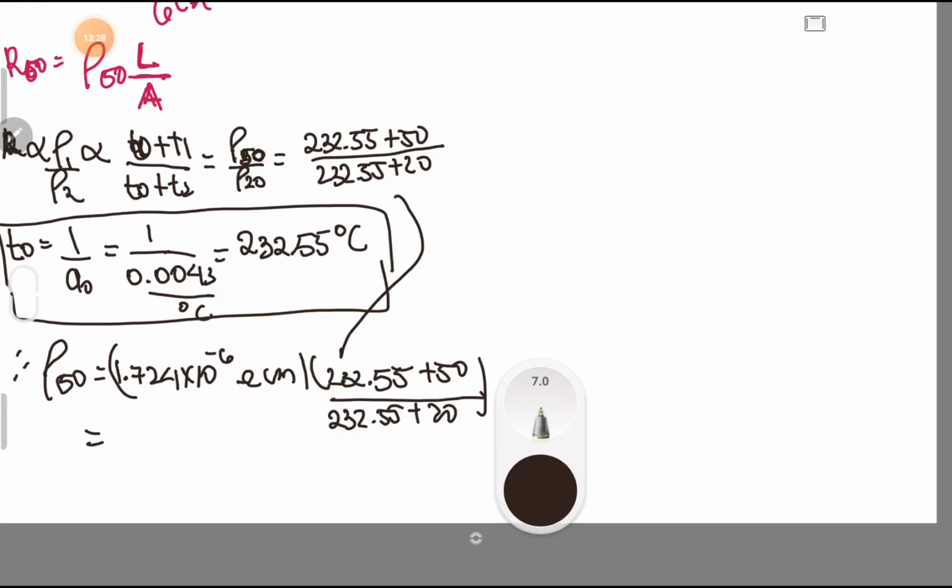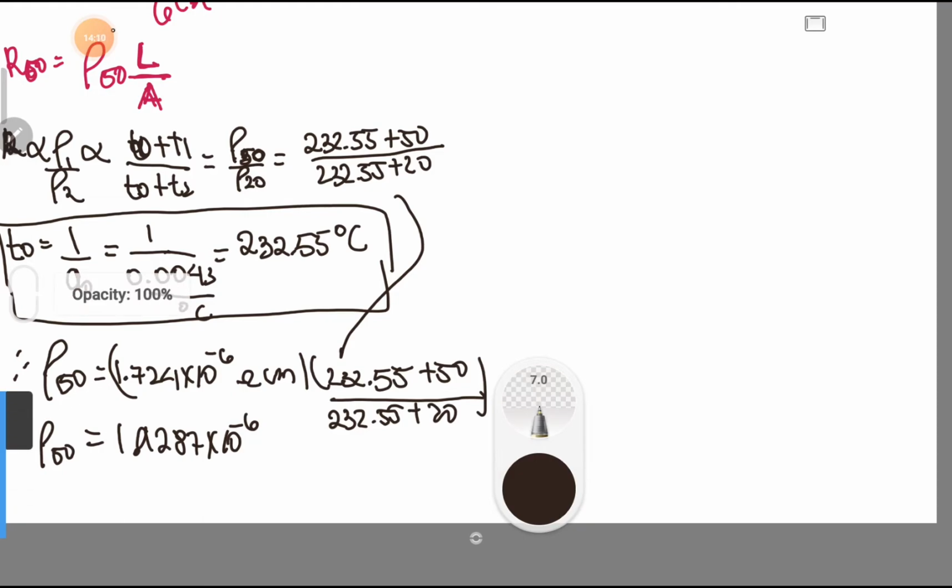So therefore, we will have a value equal to 1.9287 times 10 raised to negative 6 ohm cm for rho 50.